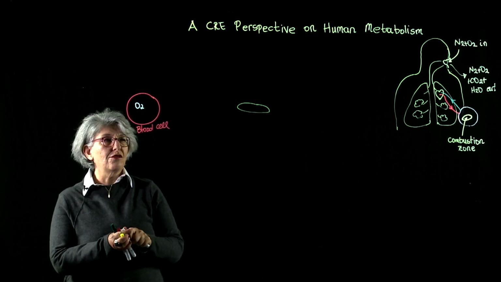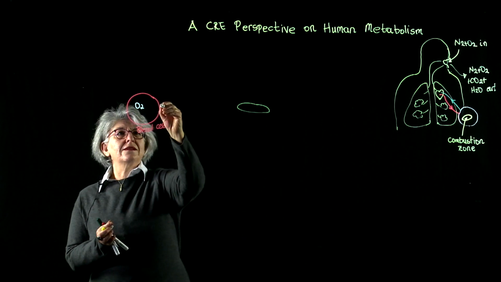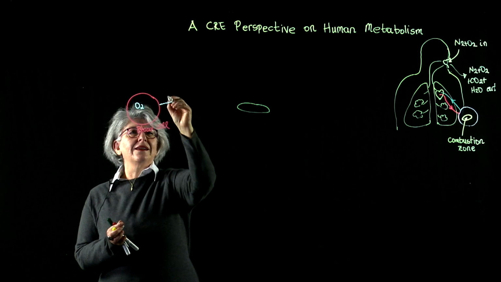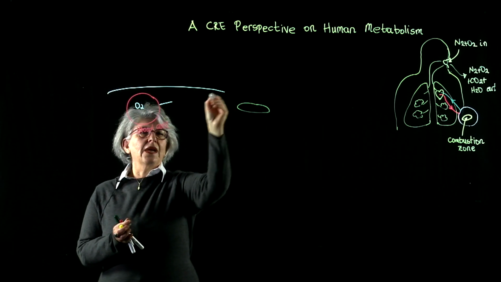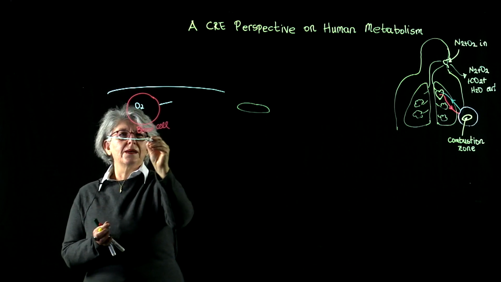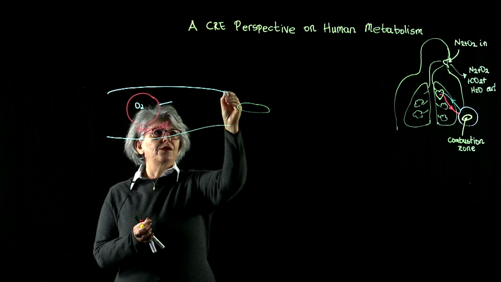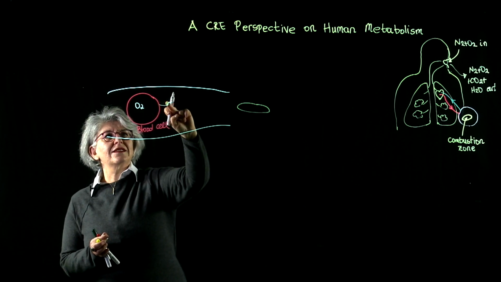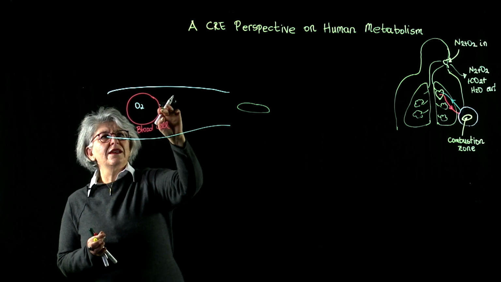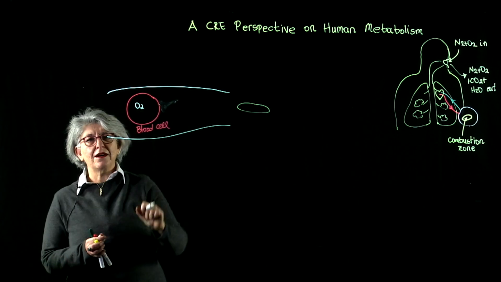So let us draw a pipeline between the point that we are at and the point that this oxygen is going to be utilized. All right, this pipeline is our veins.